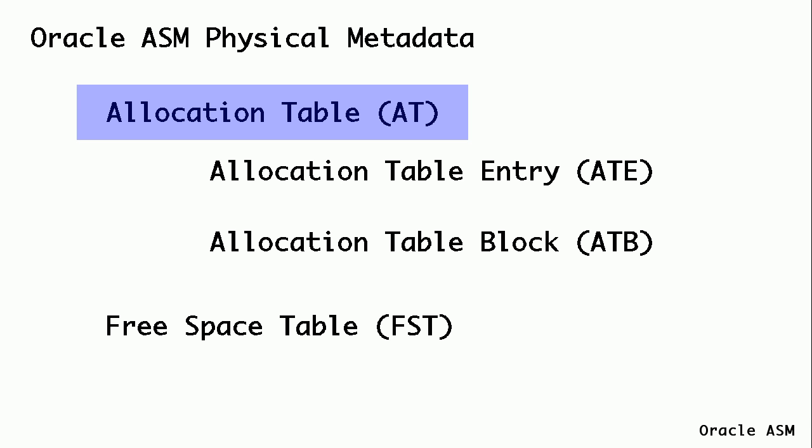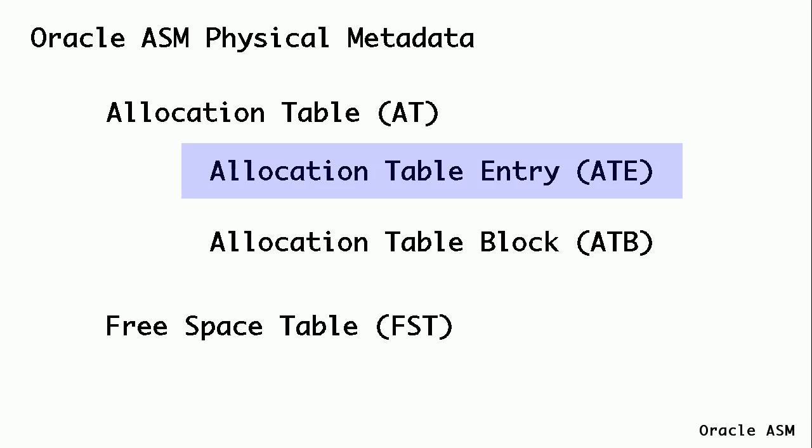Next, Oracle ASM physical metadata structure is allocation table. Every disk has an allocation table to keep track of allocated space and free space in the disk. Allocation table is stored right after the disk header. Allocation table contains allocation table entry for every allocation unit in the disk.